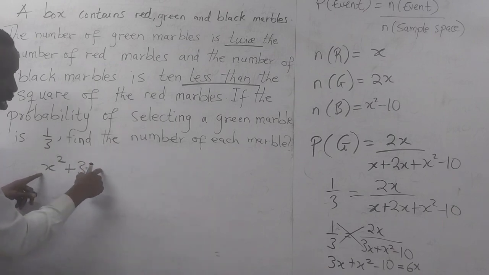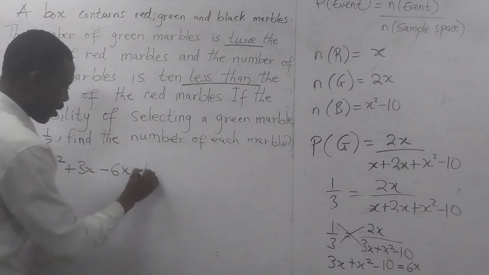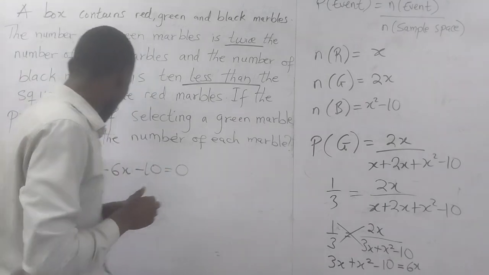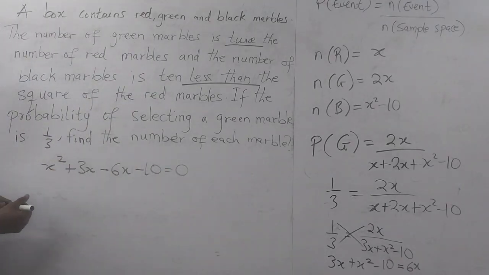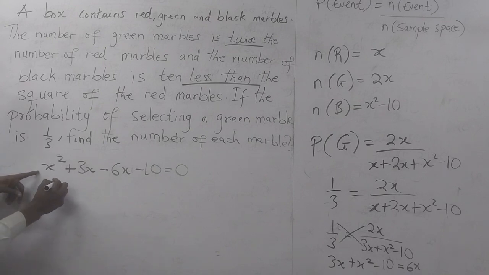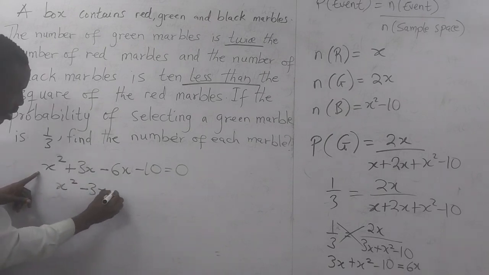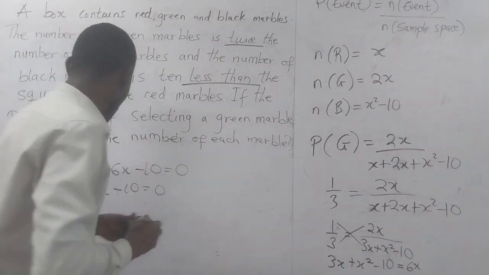Then we find the inverse of the 6x, making negative 6x minus 10 equals 0. Great. So at this point, let's simplify these two terms. They are like terms. Okay, so we are going to get x squared minus 3x minus 10 equals 0. Great. Let's continue.